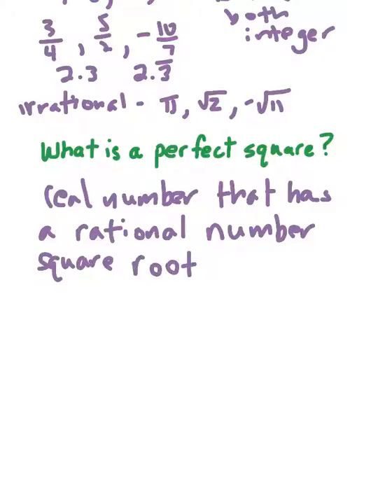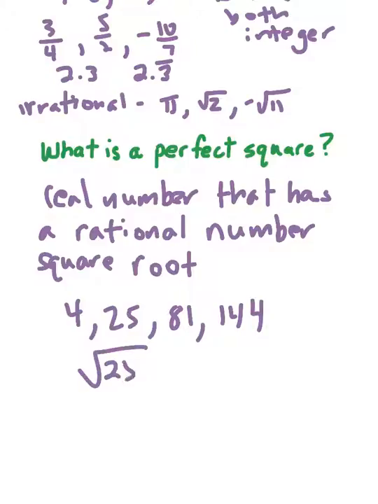So for example, obvious ones are like 4, 25, 81, 144. So I say the primary square root of 25 is 5, which is equal to 5 over 1, right?